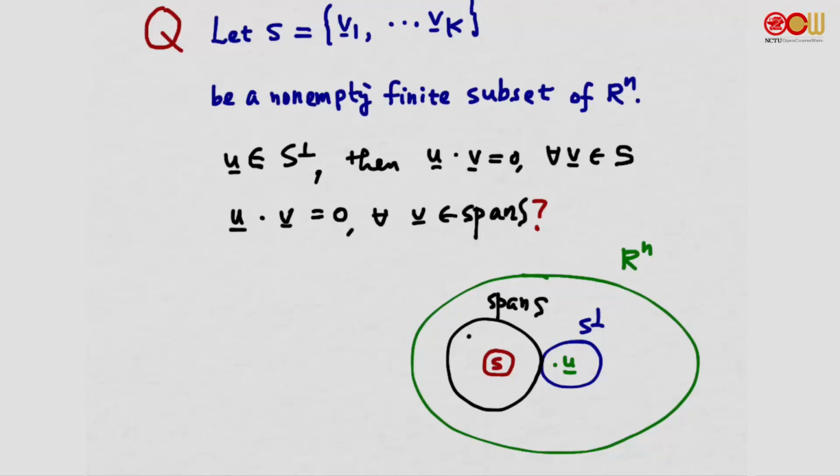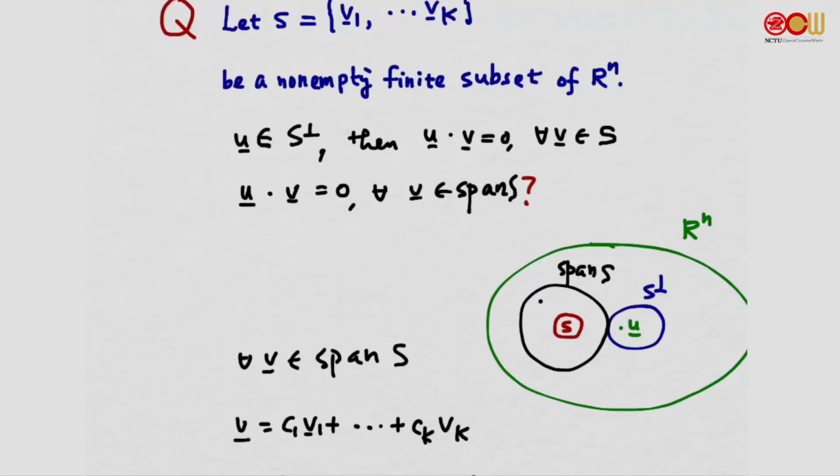That's the question. We know every vector in span S can be written as a linear combination of the vectors in S, v1 to vk.